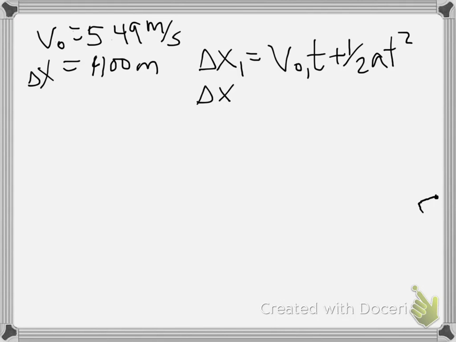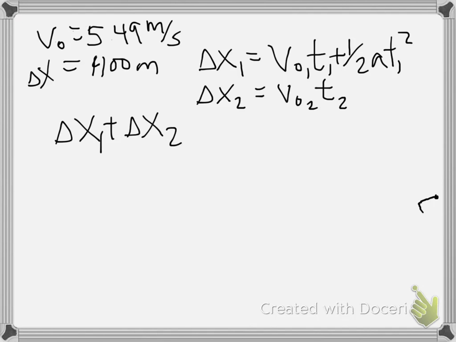The second part, after you're done accelerating and finishing the race at a faster velocity, I'm going to call that v initial 2 times t, and what I should do is call this t2 and this t1. That t1 is what we're looking for. And what you need to know is delta x1 plus delta x2 has to equal what's left in the race, which is 1,100 meters.